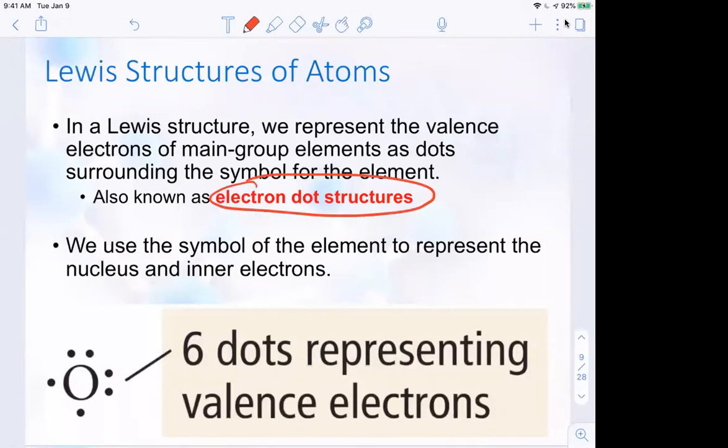So for example, oxygen is in group 6A. It has 6 valence electrons, so it has 6 dots: 1, 2, 3, 4, 5, 6. Those dots are representing the valence electrons around the atom oxygen.